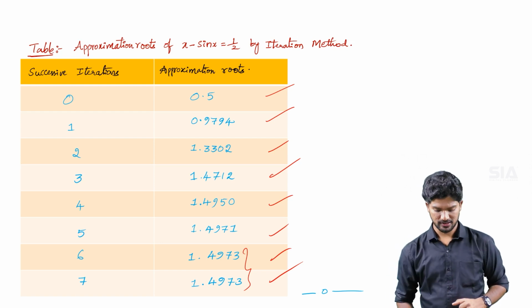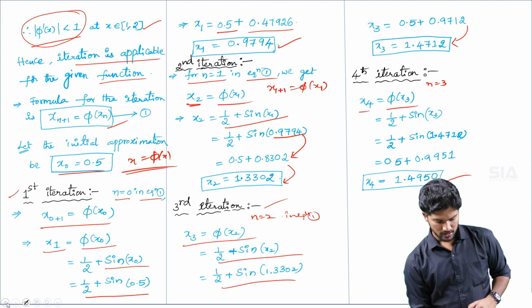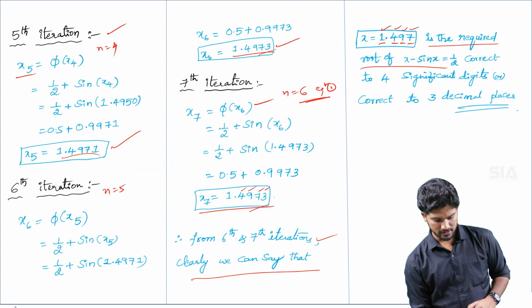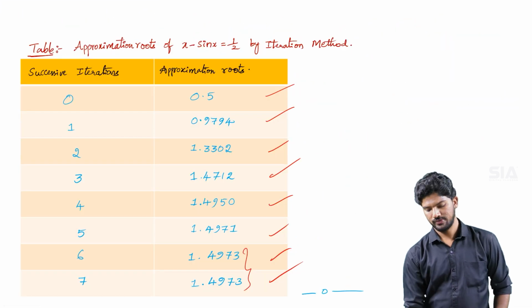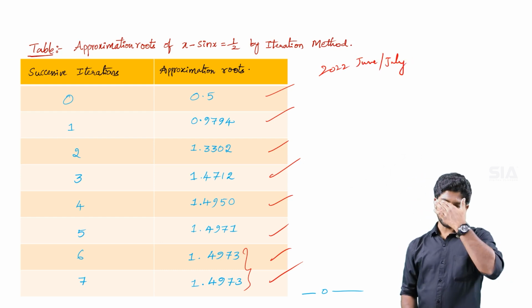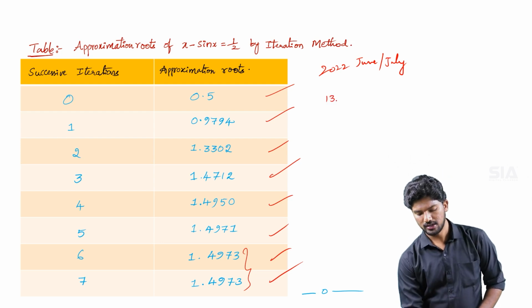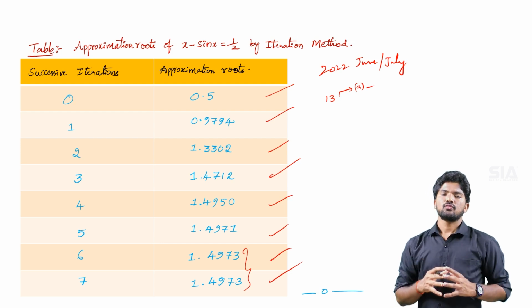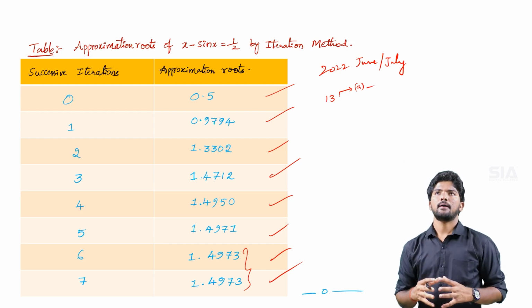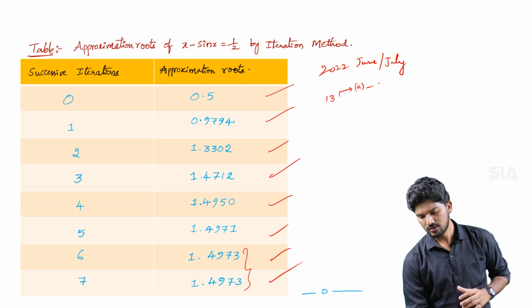Okay, 1.497 is the required root. Based on this iteration method, in the 2022 June July question paper, he has asked one long answer question, that is in question number 13. In 13a, prove that the rate of convergence of the Newton-Raphson method is quadratic convergence.